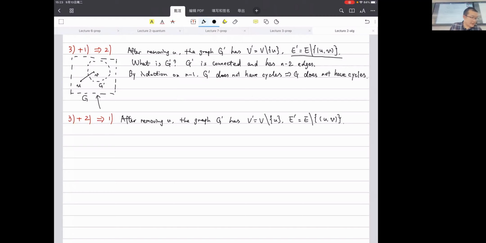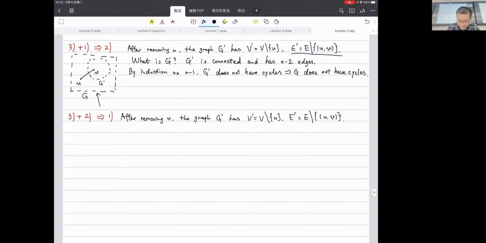But the argument is slightly different. Here we argue that G prime does not contain cycles.